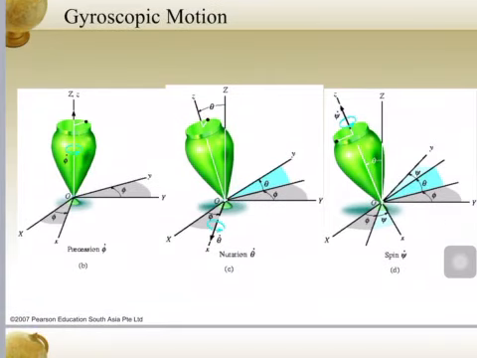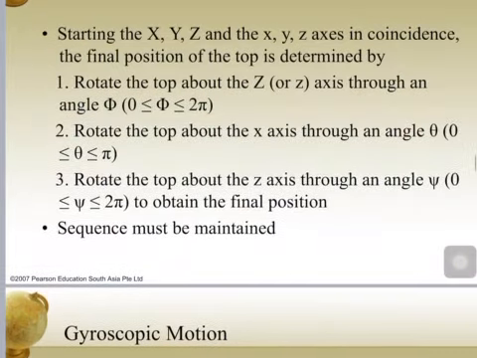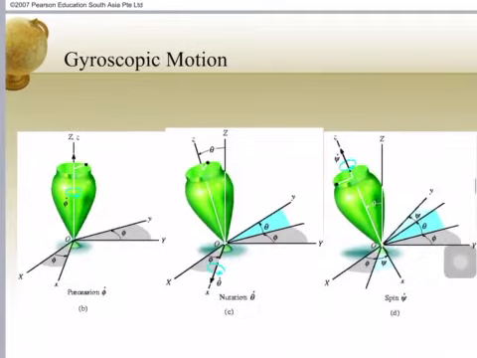If you look at this picture, we rotate the top according to the y-axis. Sorry, according to the z-axis, if I'm not mistaken. Yes, again the z-axis, and this time it's not the big Z, but we are using the small z, and that angle we call the spin angle.